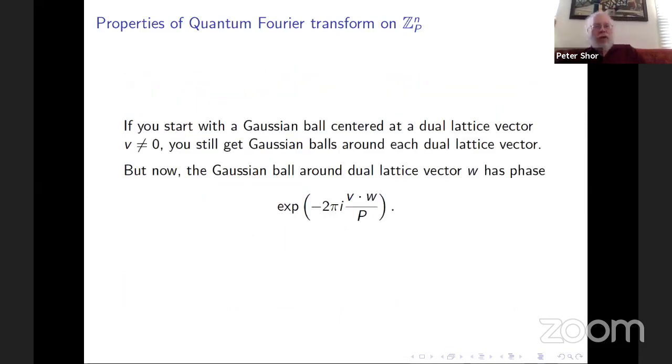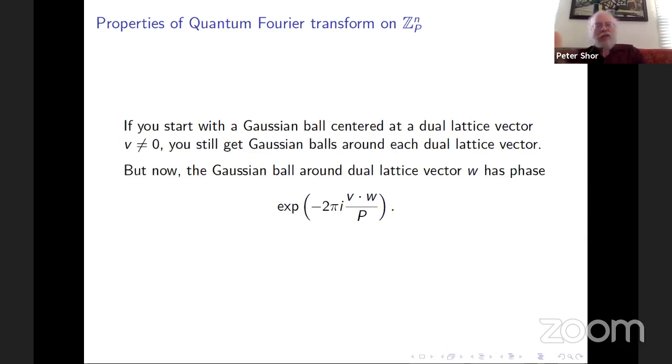Now, there's another property. Suppose you start not with a Gaussian ball centered at a dual lattice point of 0, but a different dual lattice point. You still get Gaussian balls around each dual lattice point, but the Gaussian ball around the dual lattice vector W has a phase on every point in it. It has the same phase on every point in it.